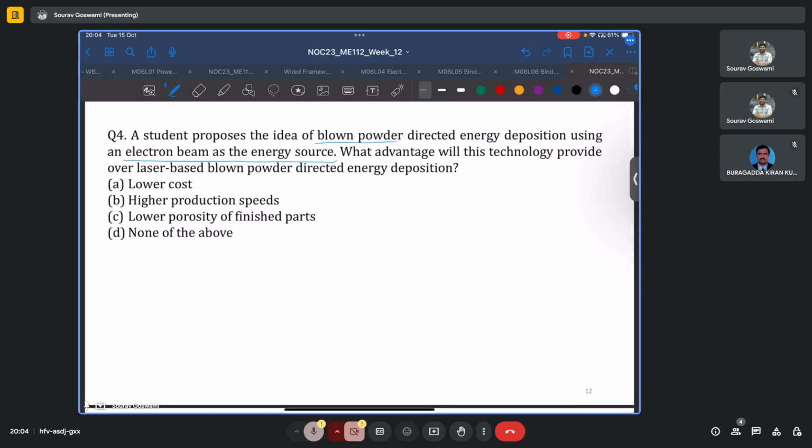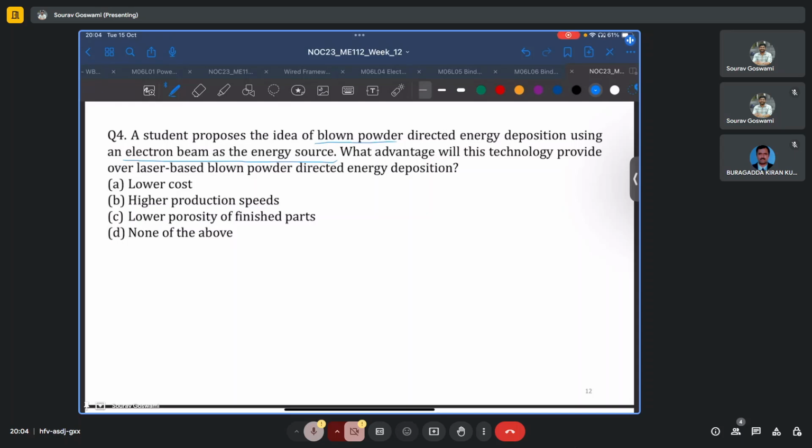However, as we discussed, when we are using an electron beam as the energy source, to prevent the electron beam from getting scattered and to ensure that it is able to hit or irradiate the target surface, we have to ensure that the electrons in their path do not collide with other heavier molecules.